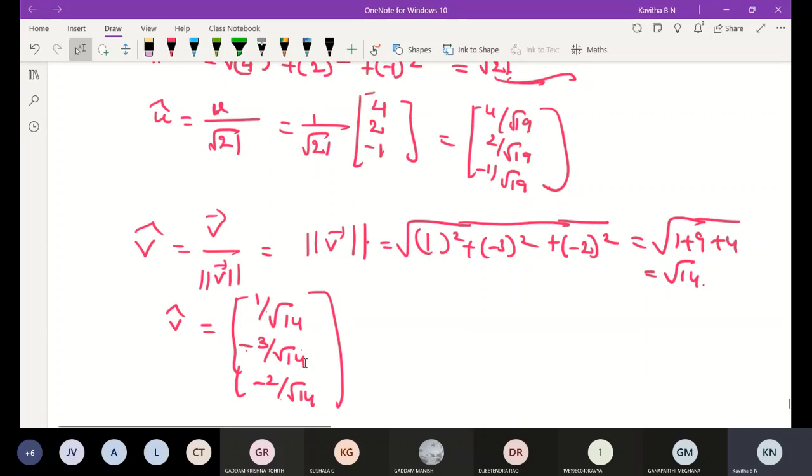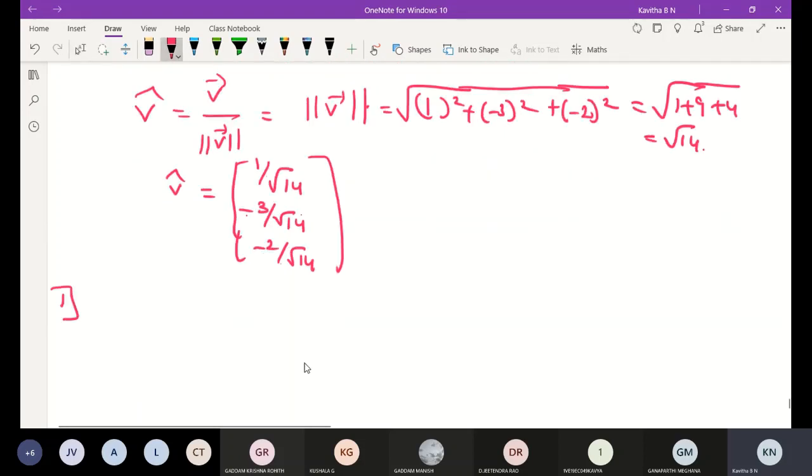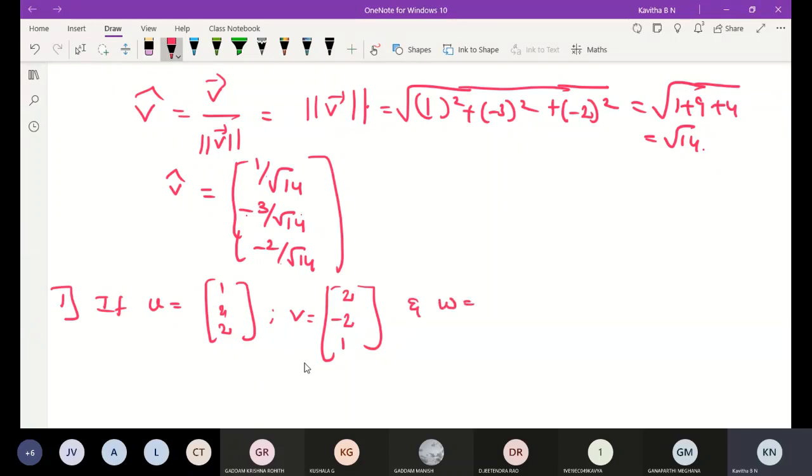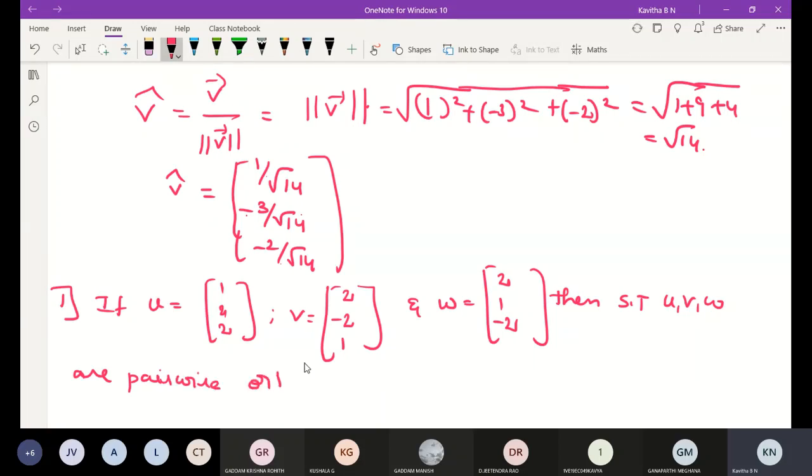Then take this problem, very important from the exam point of view, and also very easy. If u is equal to (1, 2, 2), v is equal to (2, -2, 1) and w is equal to (2, 1, -2), then show that u, v, w are pairwise orthogonal vectors.